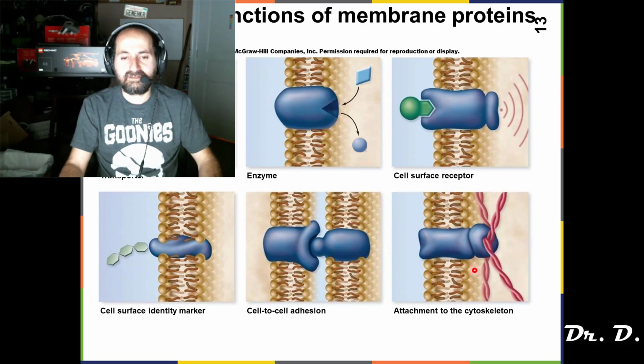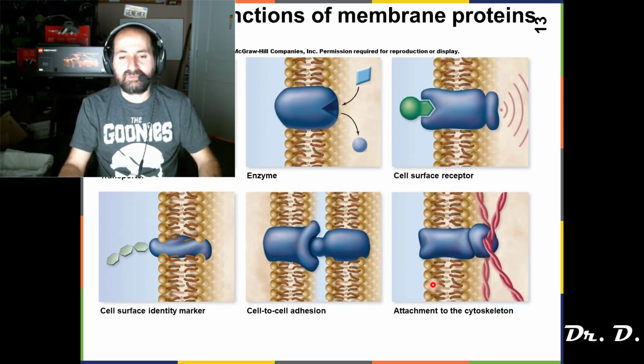And of course, you can have transmembrane proteins that specialize in attachment, basically anchor proteins that attach either to the cytoskeleton or to the extracellular matrix. You guys remember in the last chapter, chapter 4, we talked about integrin.